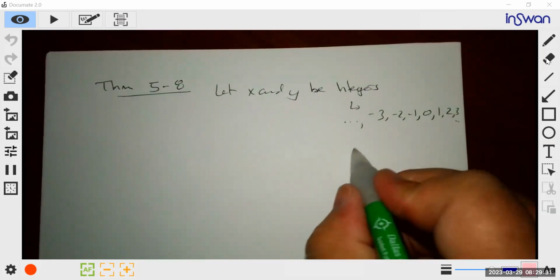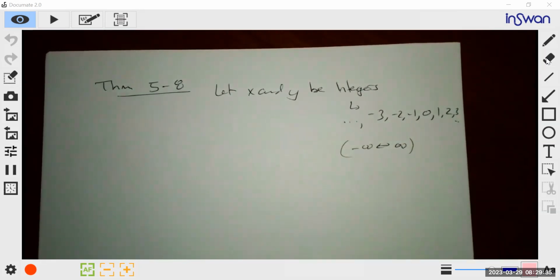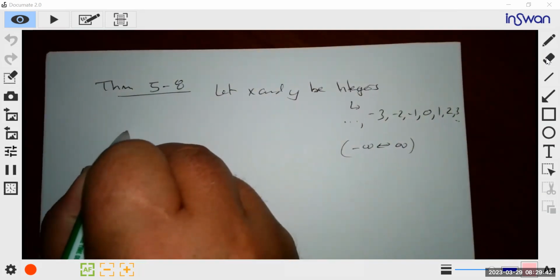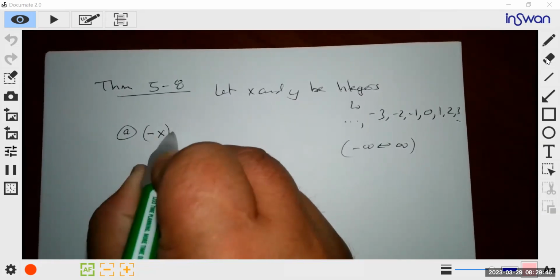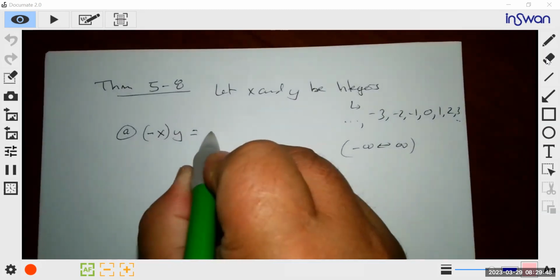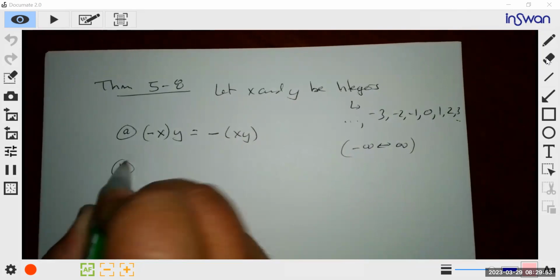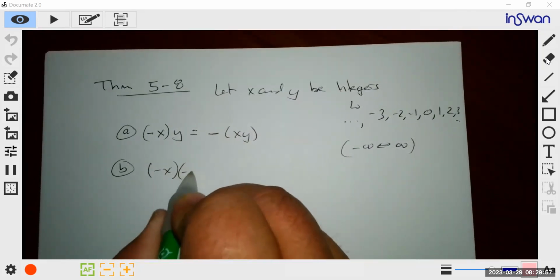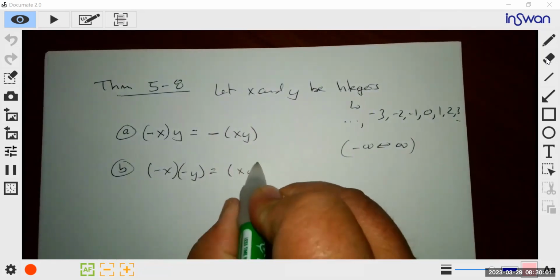It goes everywhere from -infinity to +infinity. So it says here, here's the first one: -x times y is the same thing as -(x times y). -x times -y equals +xy.